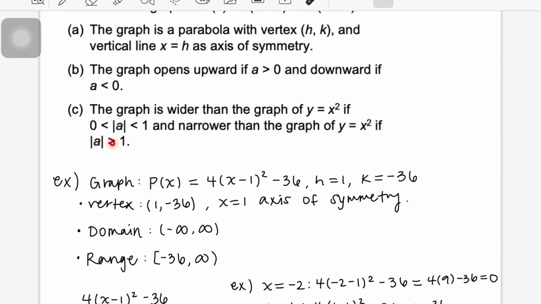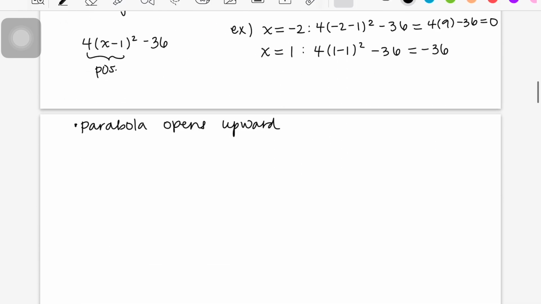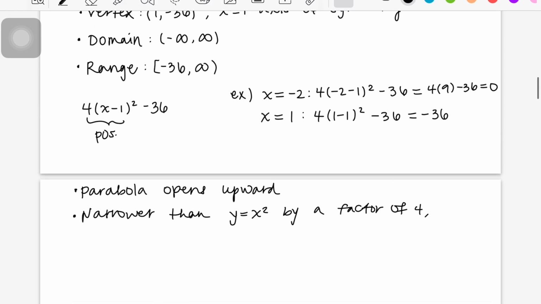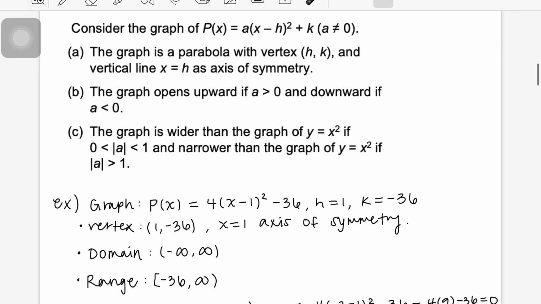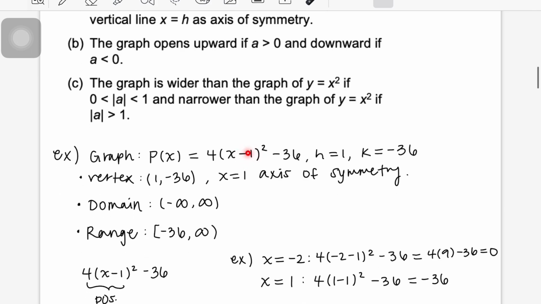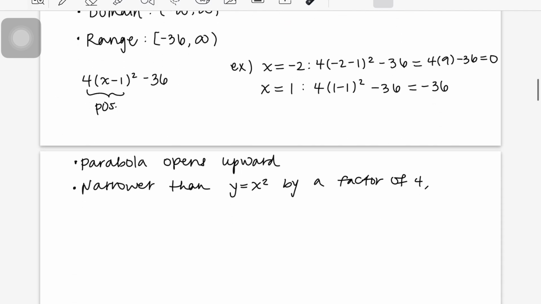Oh, sorry, it's going to be narrower since 4 is greater than 1. So our graph is going to be narrower by a factor of 4. We also know that it'll be shifted 1 unit to the right and 36 units down.